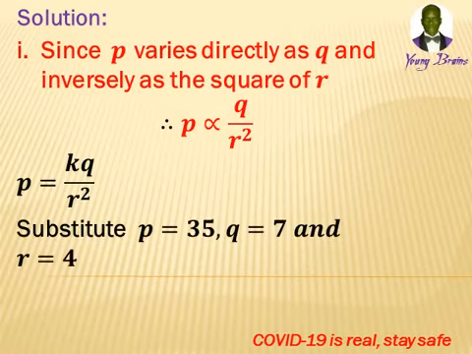We need to substitute for the values of p, q, and r in order to find our k. So p equals 35, q equals 7, and r equals 4. We then rewrite as 35 equals 7k divided by 4 squared.